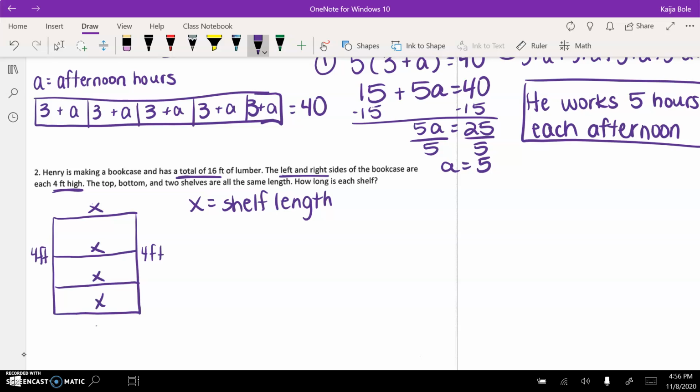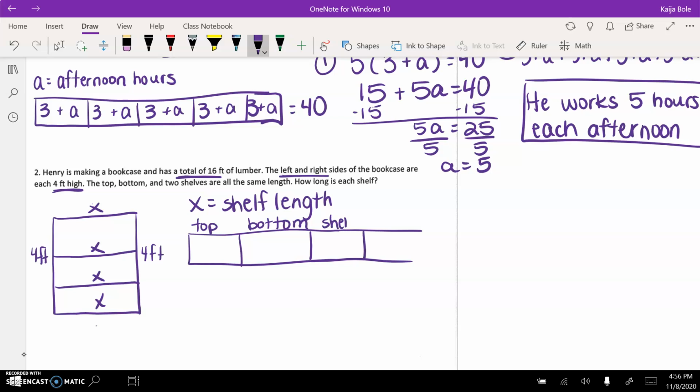So you could have either drawn a visual like that, or you could have done the boxes and said, we have a top, a bottom, and then we had two shelves, so a shelf and a shelf, and then a left and a right.